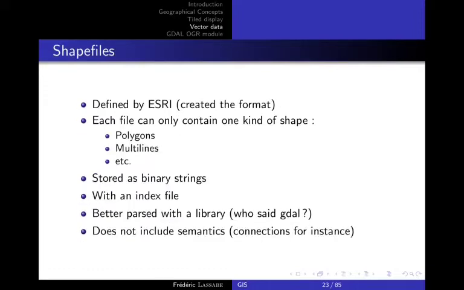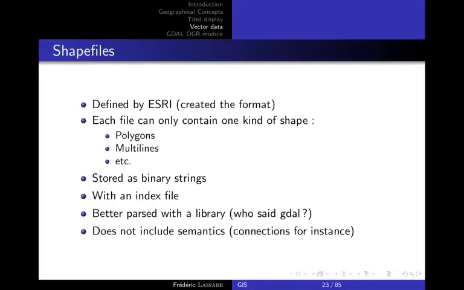So the shapefiles are a set of file formats defined by S3, which created the format. Each file can only contain one kind of shape, so it can be polygons, multilines, points, and so on, but you cannot put polygons, multilines, and points inside the same file, for instance.